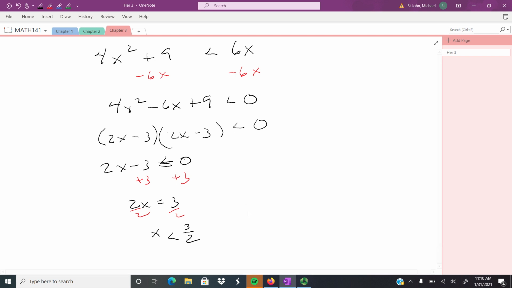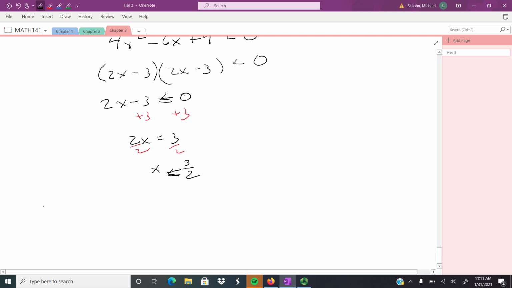And so we want equals 3 halves, sorry. Right, equals 3 halves, right? Well, let's look at my parabola we have here. Let's figure out what's going on with this thing. Well, let's see. The vertex. Well, the x-coordinate is going to be 6 over 2 times 4, which will be 6 over 8, which is 3/4.